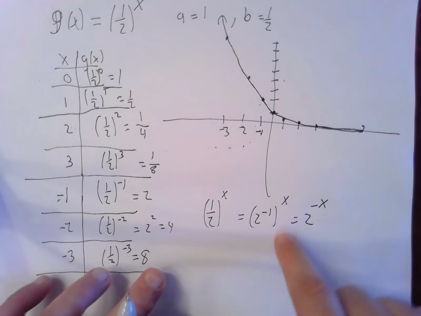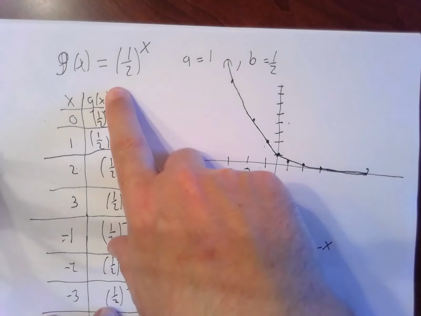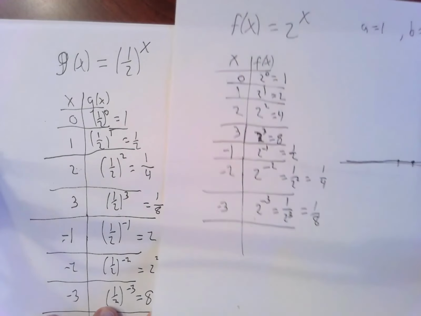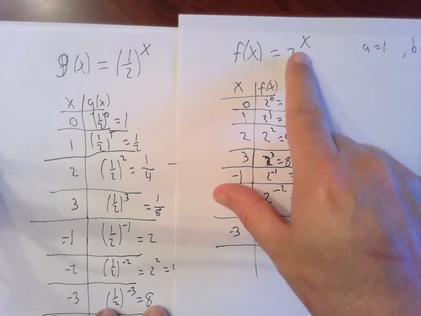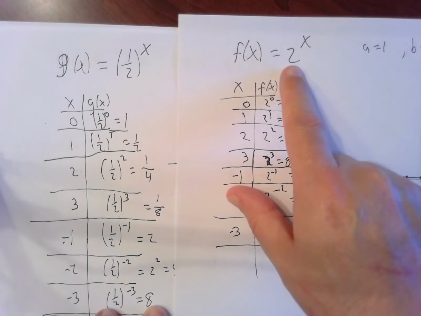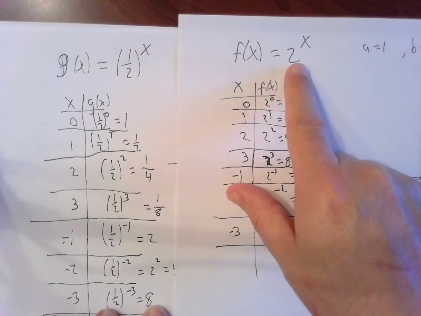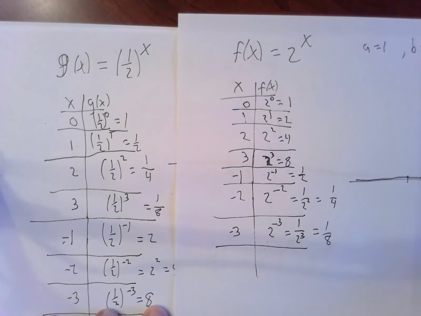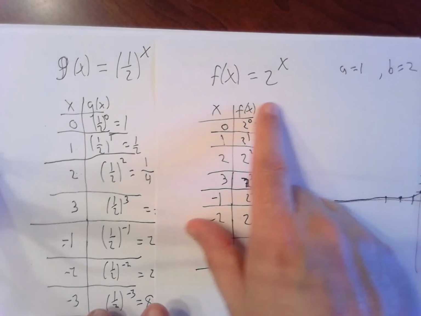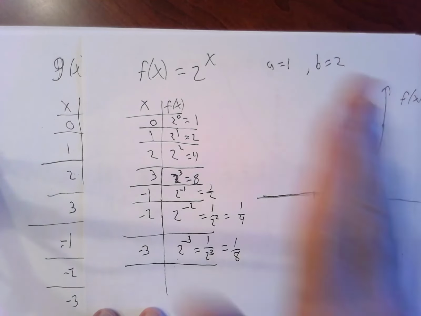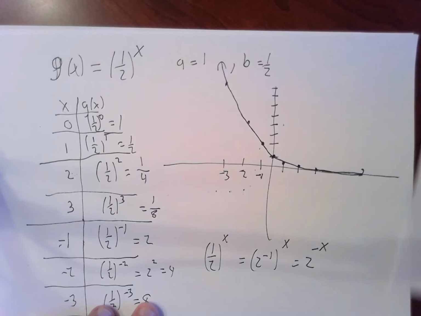So this guy here is really this guy here with an extra negative up in the exponent. And we know what happens. If you multiply your x by a negative, that's a reflection over the y-axis.